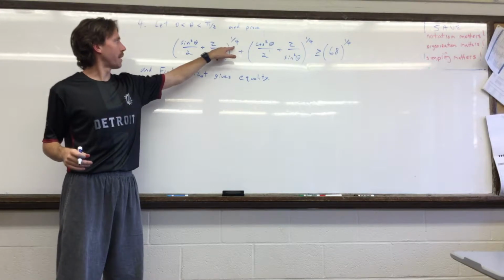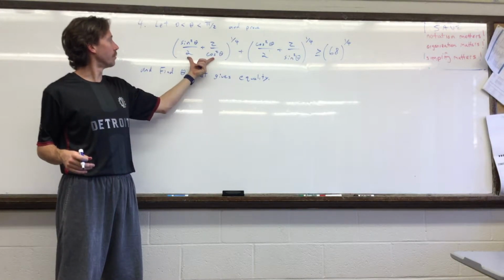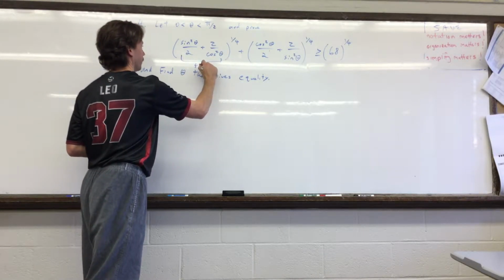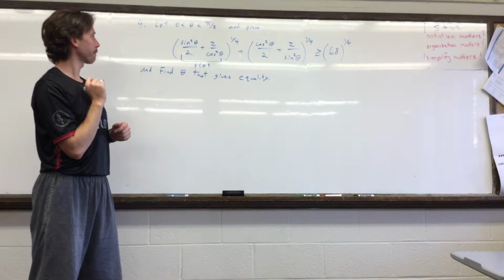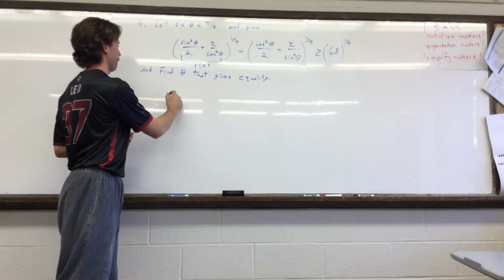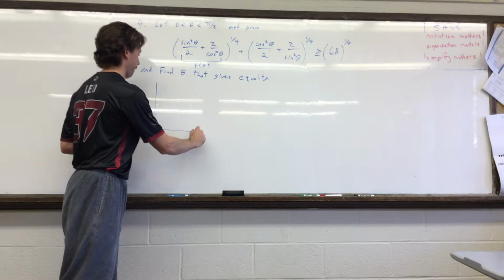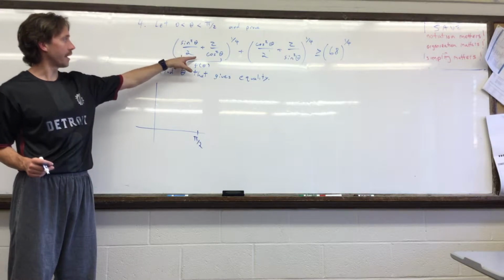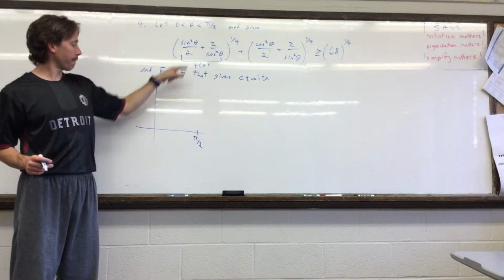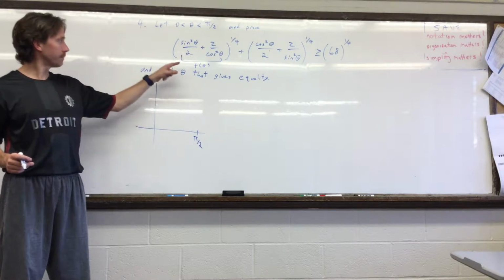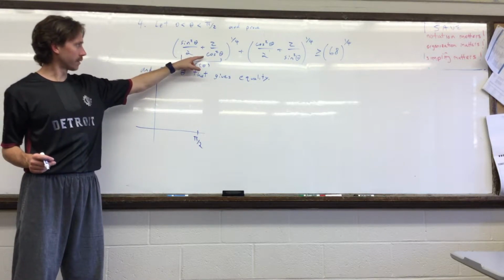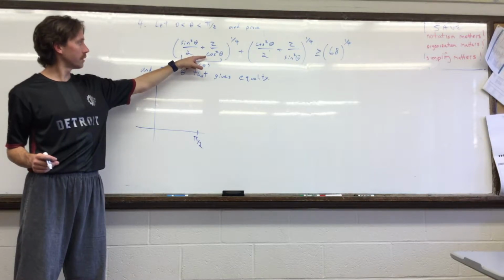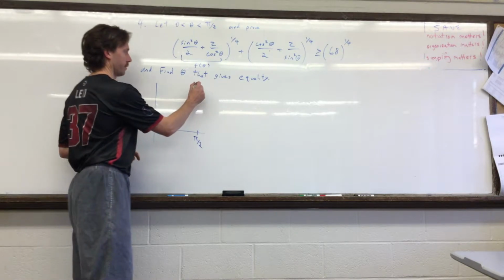Forget about the 1/4 power for now. Just focus on this term. Let me call this f of theta. As we approach pi over 2, this cosine is going to approach 0, so we're going to have a vertical asymptote here.